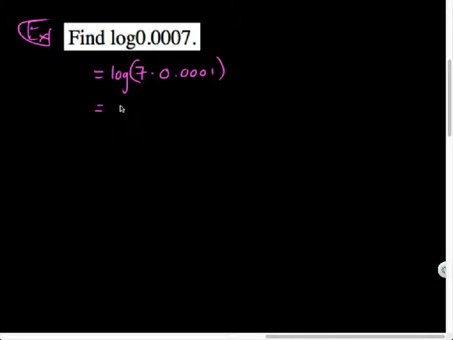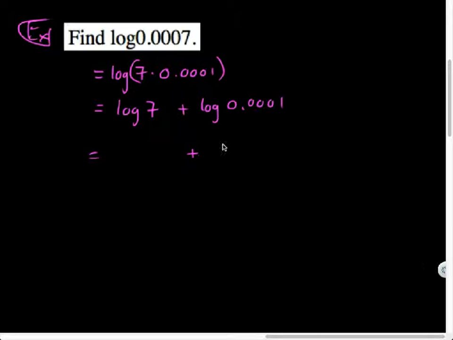So the log of a product is the sum of two logs, so that's the same as log of 7 plus log of 0.0001. I'll come back to log 7.